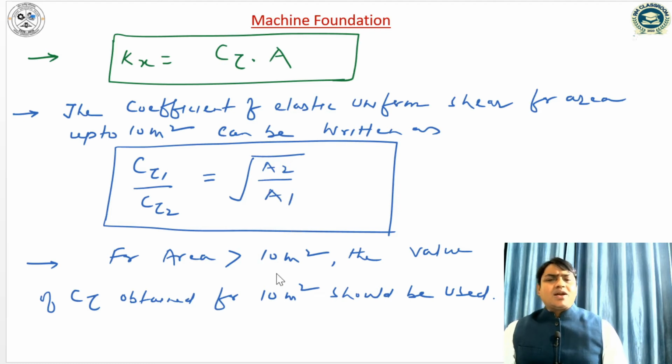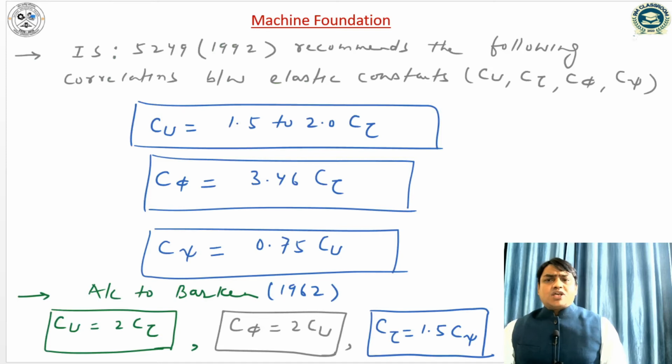For area greater than 10 meter square, the value of C tau obtained for 10 meter square should be used. And there are various relations between Cu, C tau, C phi and C psi suggested by Barkan as well as the IS code. So as per IS 5249 1992, the following correlation between elastic constants is recommended.